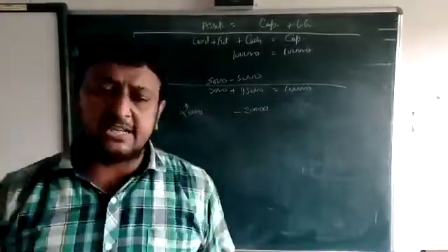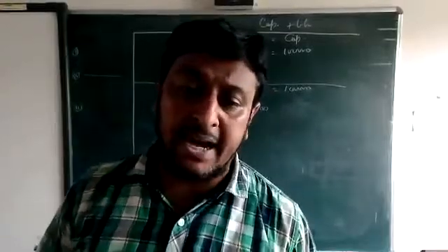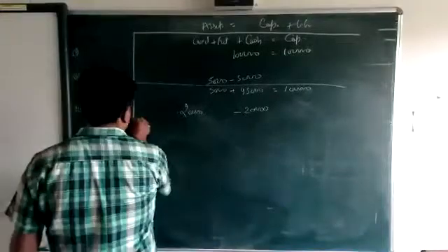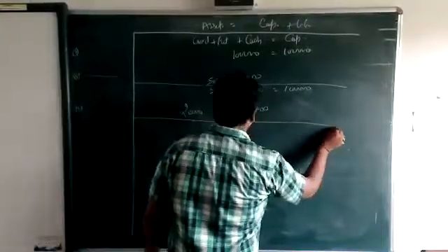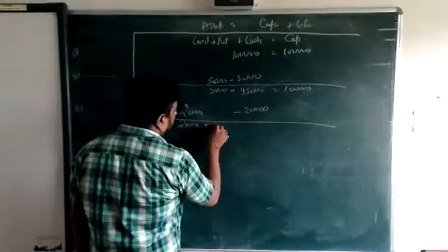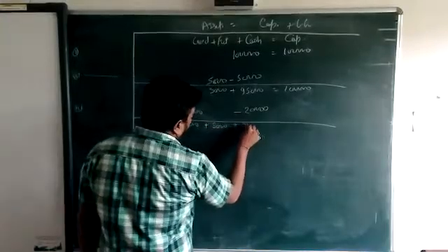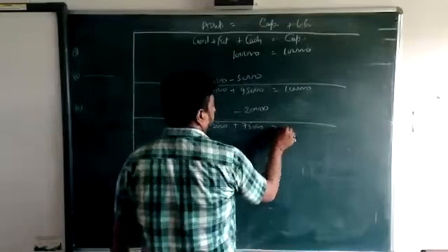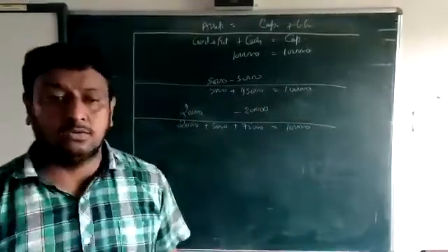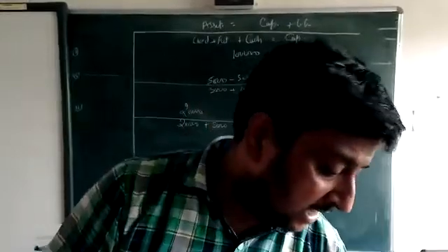Because we purchased in cash, we pay by cash and receive the goods. Then again finalize. Then we have goods worth 20,000, furniture 5,000, and 75,000 is cash, and total capital is what? 1 lakh rupees.